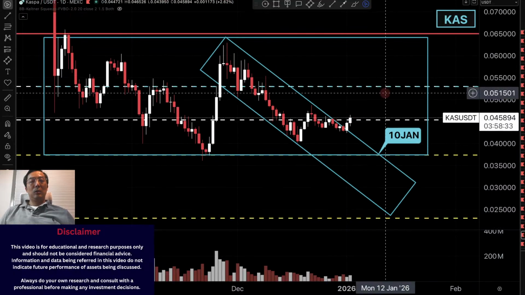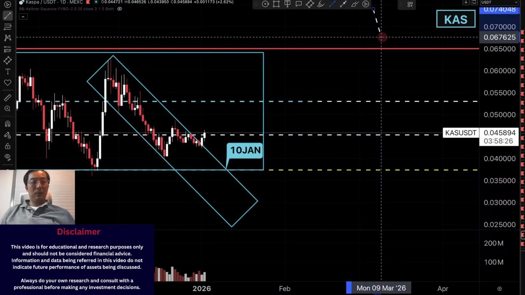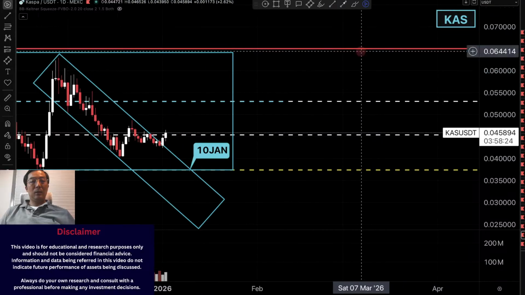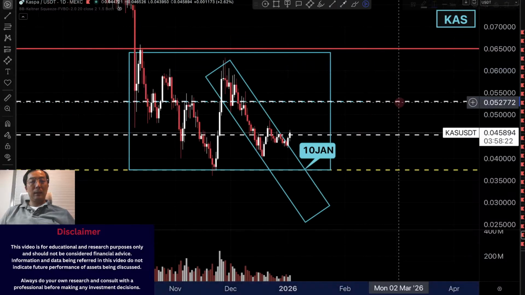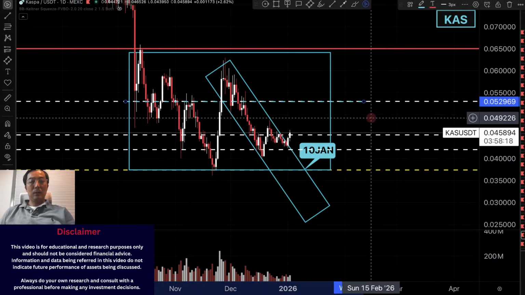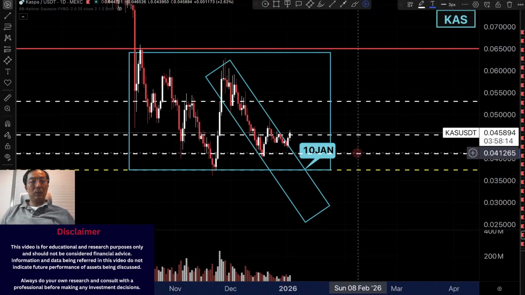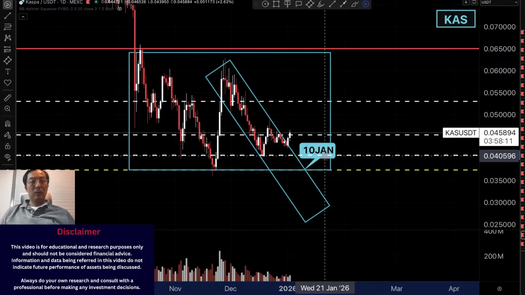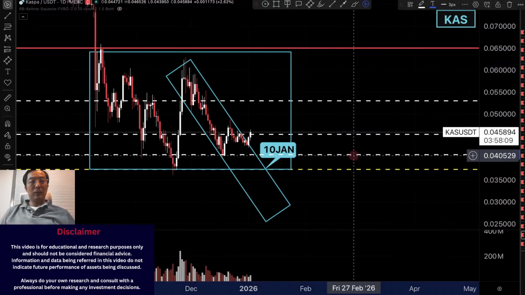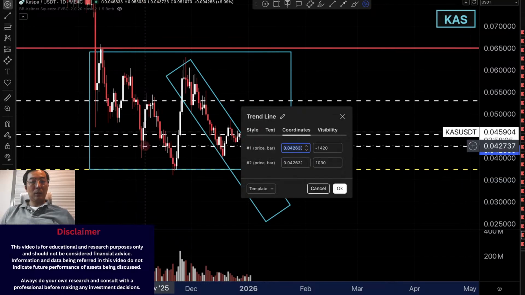So if this is the higher lows, I don't want that, I just want to borrow a line, let's say this one. Let's get rid of the other one. So here, this is a very long line over here. So let's try this. I don't want it to go that far.